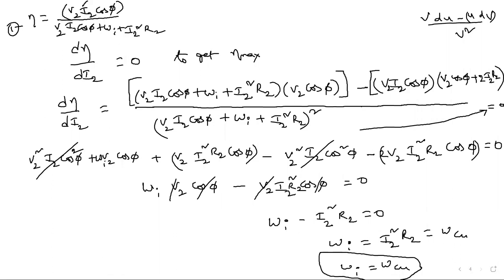Okay. And one more announcement to all of you. So tomorrow you are having the BEE lab, right? Afternoon session. So in that session, the corrections will be done for the experiments that you did in online mode. That is two experiments. One is a brake test on DC shunt motor, that is performance characteristics of DC shunt motor.